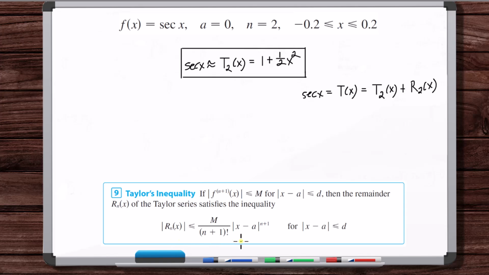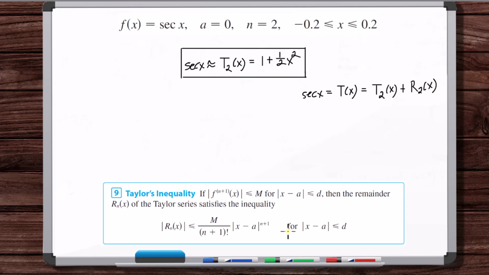So you can apply this Taylor's inequality, this upper bound on R sub n, for all real numbers, like any x away from the center point. Or if you want to, you could restrict it to a certain distance away from the center point. And that's what we're doing here. The d in this case is 0.2, right? The farthest you could be above or below the center point is 0.2.